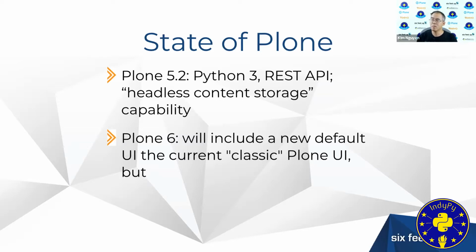This is something that we've been talking about in the Plone community, which is Plone as a headless content storage service. So Plone and Python running in the background, exposing themselves to the interwebs through the REST API, and then having something, this magic thing, talking through this API to Plone.